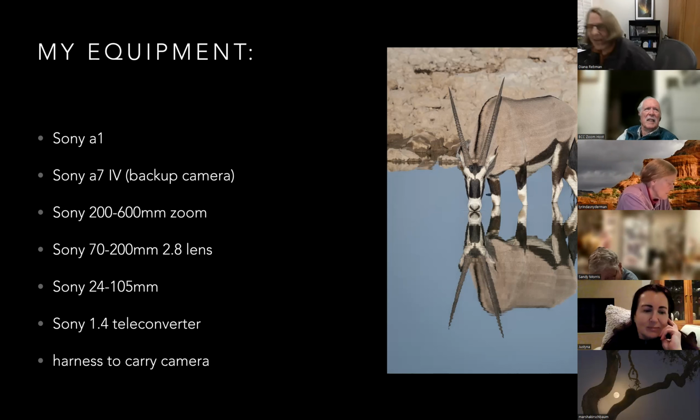It's the Optech harness. I have the one that's double, so you can carry two cameras with that harness, although I find it very awkward to do that. Or you can carry a camera and binoculars with it.